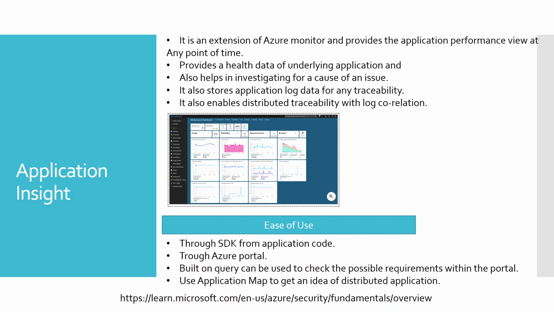It provides the health statistics of underlying running applications, and it also gives you an idea more on the investigation front if an issue is occurring within the applications. It also stores application log data for traceability, and it enables distributed traceability with log correlation. So these are the main capabilities of Application Insights.